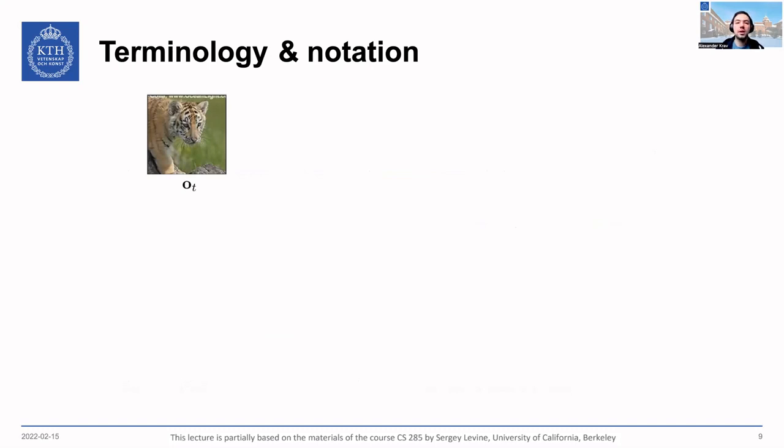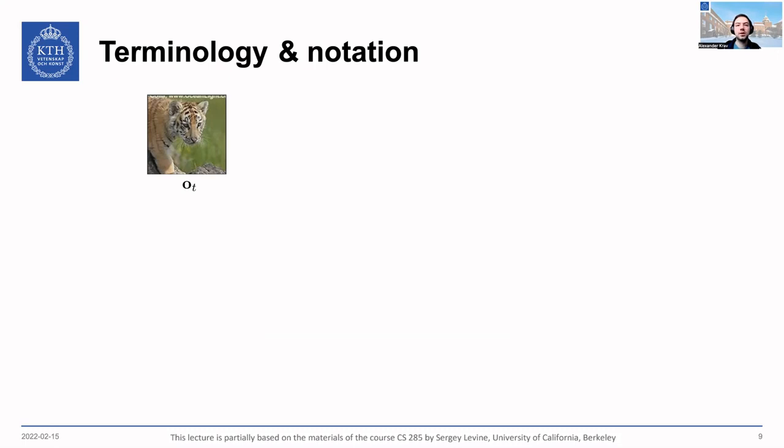Here we will call this input O, which stands for observation. Usually it has a subscript t, which indicates that we got this observation at time frame t. For now, we can assume that we are talking about discrete time. So we have discrete time points, and at each time point, we have an observation and we do something, and then at the next time point, we get another observation.